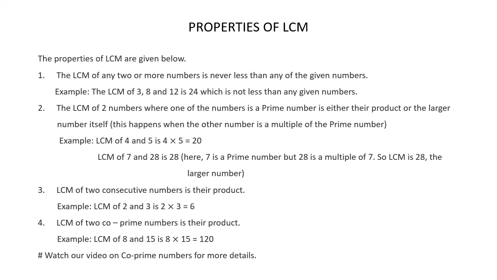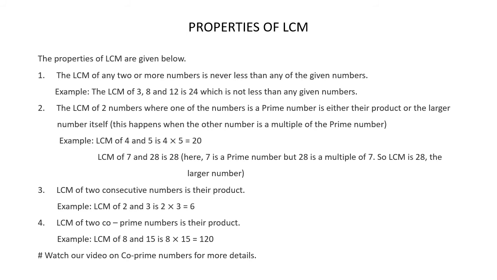Now let's learn about a few properties of LCM. The LCM of any two or more numbers is never less than any of the given numbers. That is, LCM is never less than the given numbers.